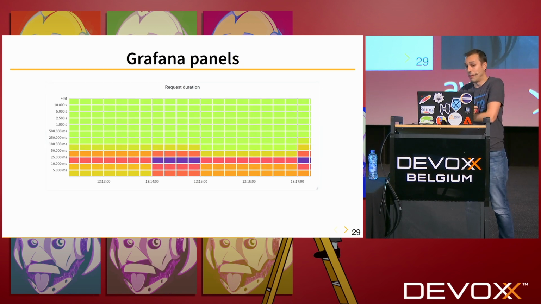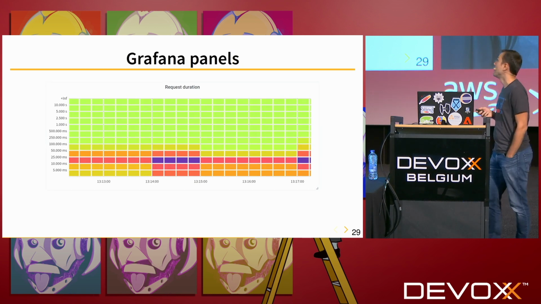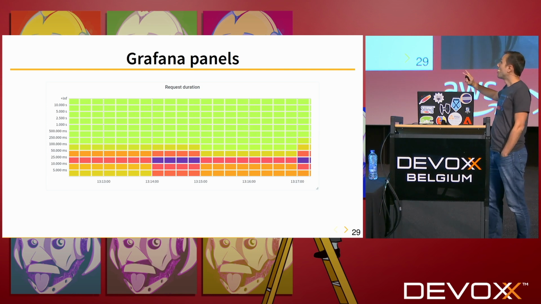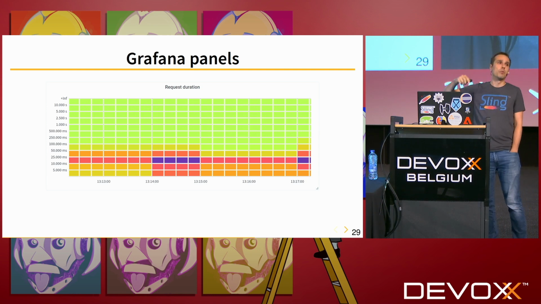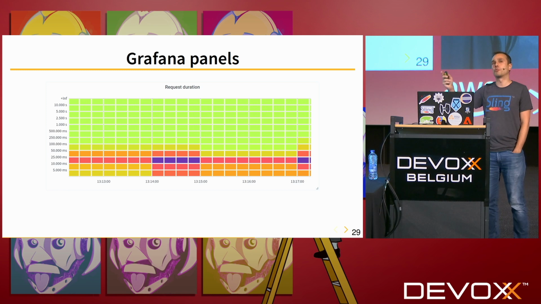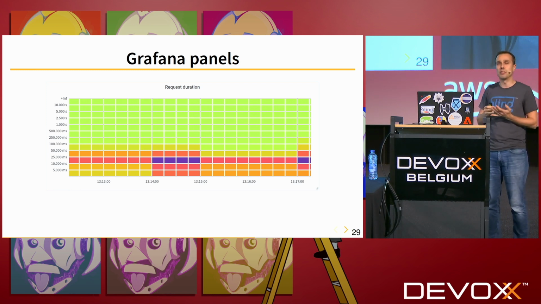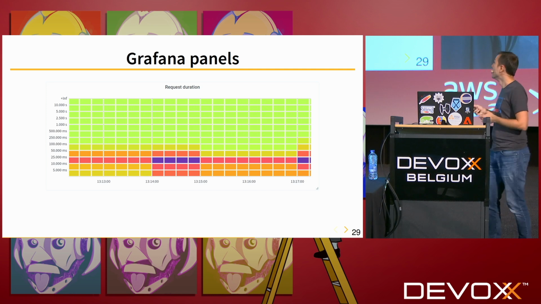Now, this is one of my favorites. It's called a heat map, and it's very useful for displaying distributions or histograms. So often you're wondering, okay, I know that my 1% request time is so much, and my 50% request time is so much, but how do I put it in a nice graphical representation?